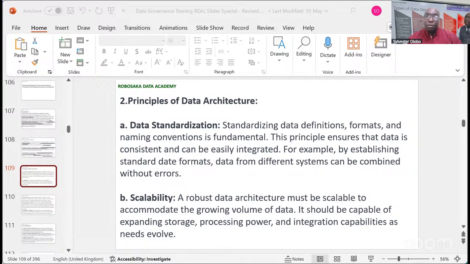Very, very important. And one of the best practices you could also carry out is to evaluate data entry points. At the point of you putting data in, you need to carry out an action. How do you do that? You actually perform a detailed analysis of each source, especially when you want to integrate data during your analysis, each source from which data enters your system. Where are they coming from?